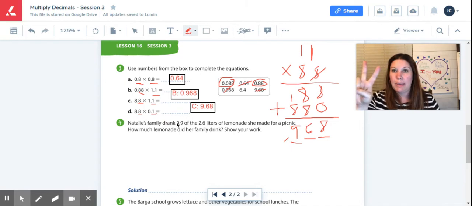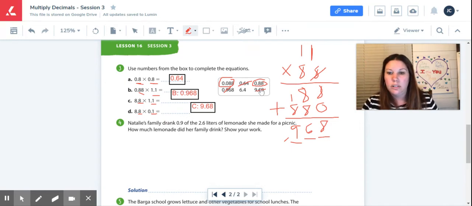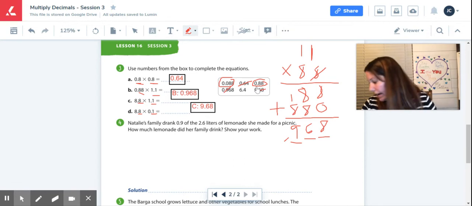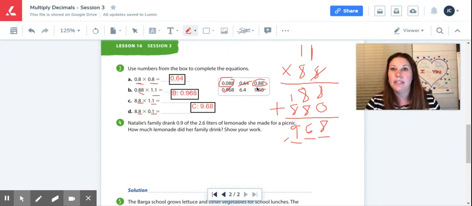Total of 2 spaces. So this one, 0.88, is what shows 2 decimal spaces after, right? So I'm just going to write it right here real quick. 0. That's not a comma. Let me erase that. Try a point. And then 88.